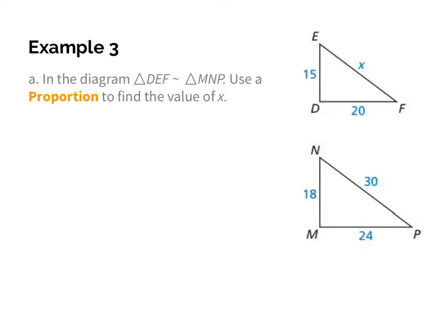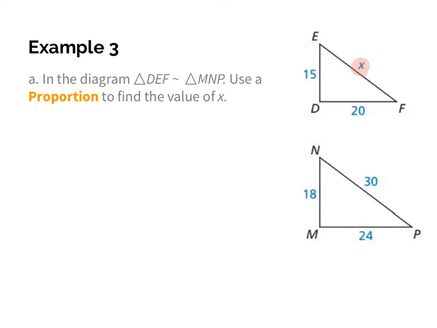So, let's say that I give you two triangles, DEF and MNP. Using my similarity statement, again, I can figure out which are my corresponding parts. I'm going to use a proportion to find x. So x is the side length of EF. Our goal is to solve for x. We're going to write a proportion using corresponding parts.